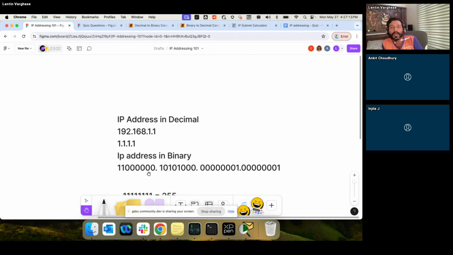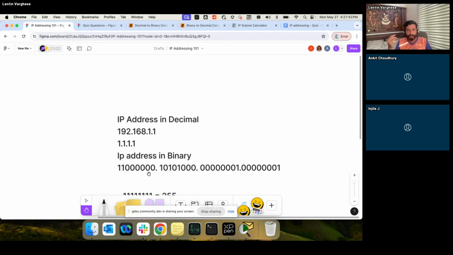Now, an IP address is split into two parts. One is a network portion and another is a host portion. What do I mean by that? Let's go back to the postal address concept I was referring to. Every house is on a street, right? The street has a name or a number, and there are many houses on that street, and that street number is common to all those houses.